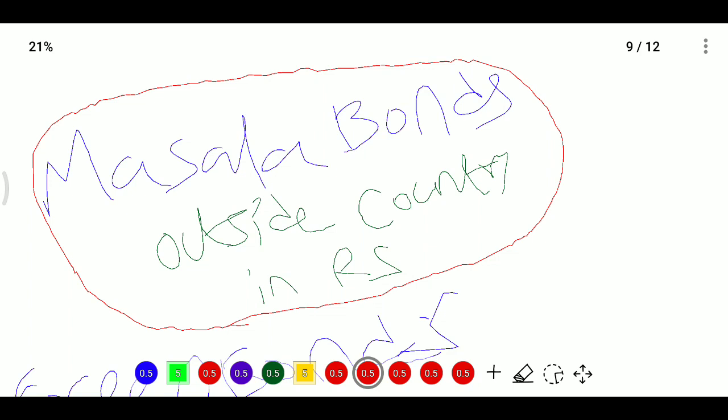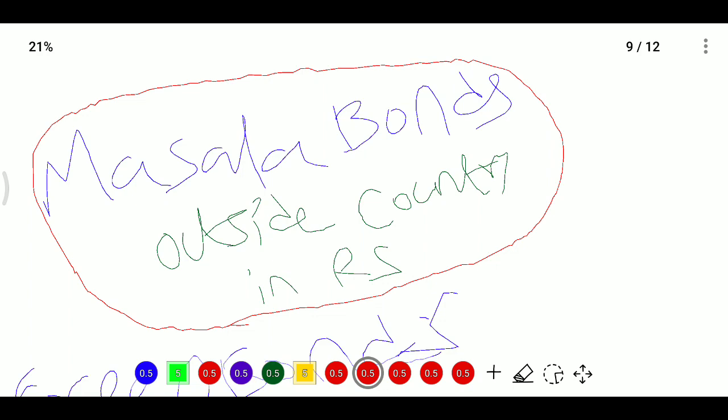For example, Yankee bonds are issued by non-US companies listed in the US, or Bulldog bonds, which are issued by non-UK companies in the UK. Samurai bonds are issued by non-Japanese companies listed on the Japan stock exchange.